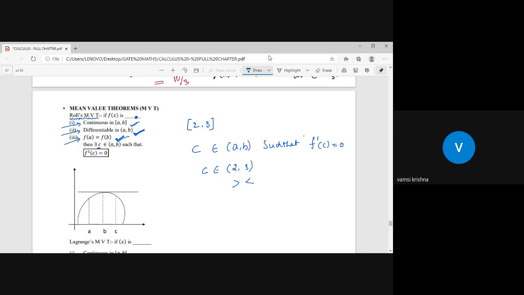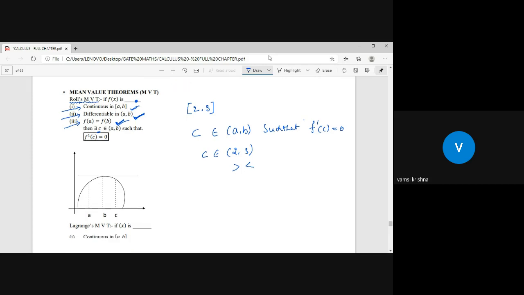That's it. It can't be 2 or 3. It can be 2.001 or 2.999, but it cannot be equal to the extremes.